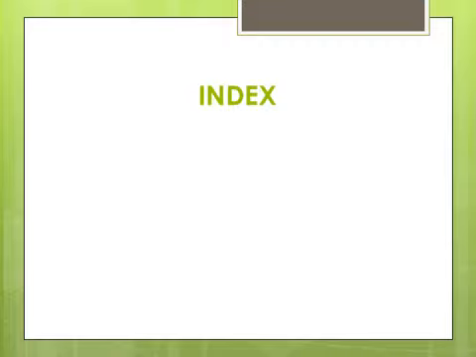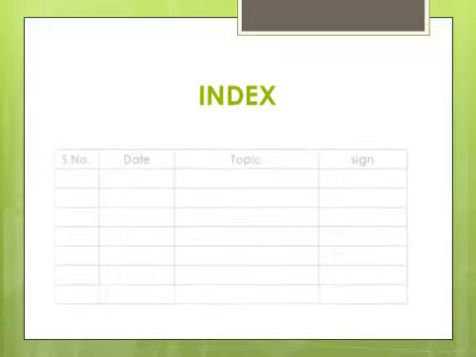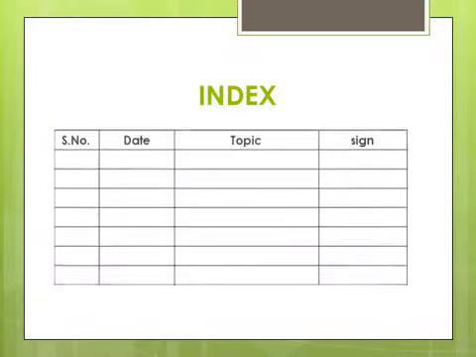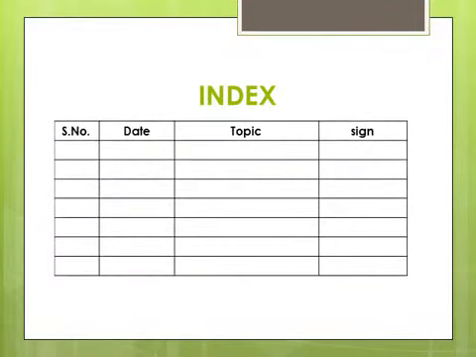Then, after making your copy, you will make the title page of your first semester along with a proper and tidy index as shown in this slide. After preparing your title page, you will make a title page of your unit number 2.